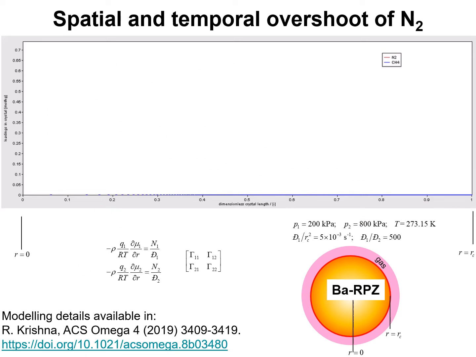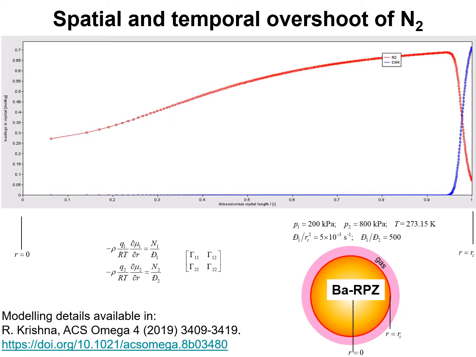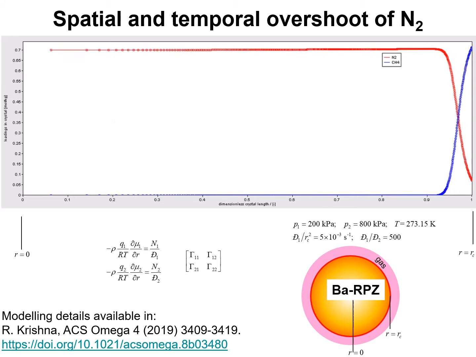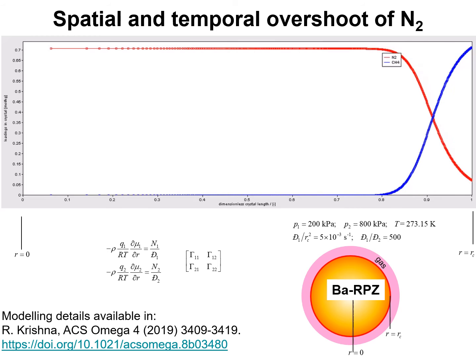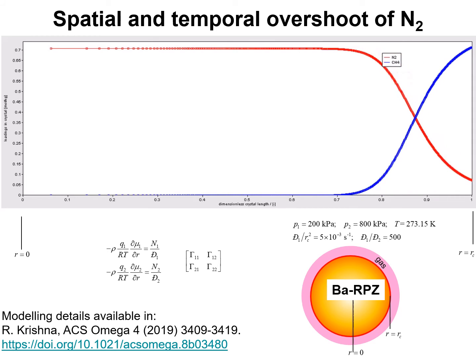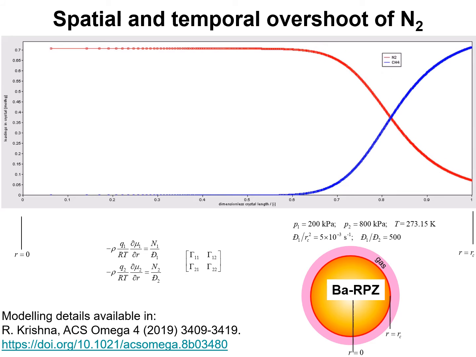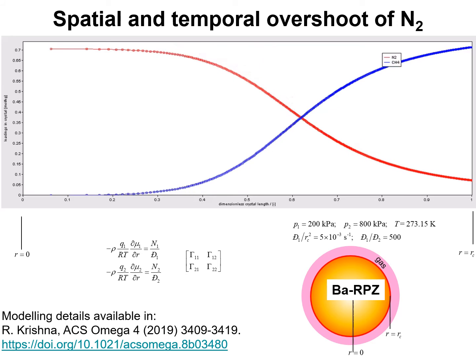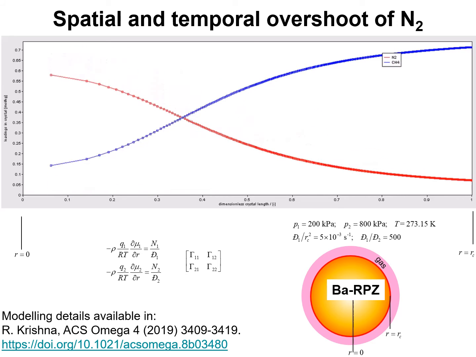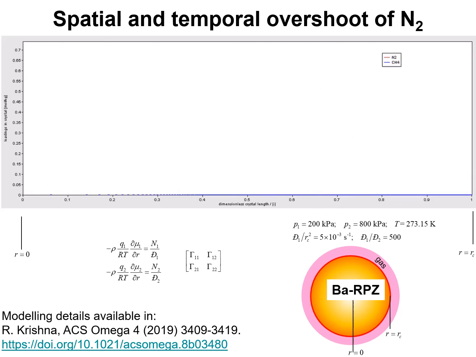It's remarkable to note that the nitrogen loading experiences a sharp and steep overshoot in its component loading, and as time progresses, the loadings within the particle reduce in value to reach the same concentrations within the particle as on the external surface.